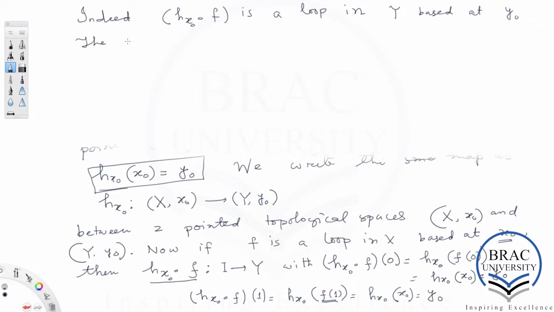So the correspondence f, the loop in X based at x0, to h sub x0 composed with f, which is a loop in Y based at y0, gives rise to a map between the respective fundamental groups with reference to the base points x0 and y0 respectively.